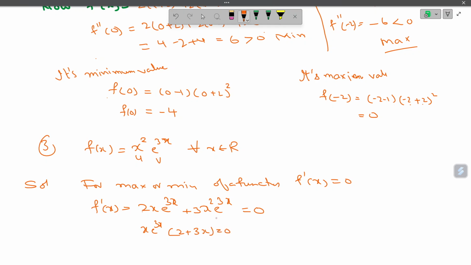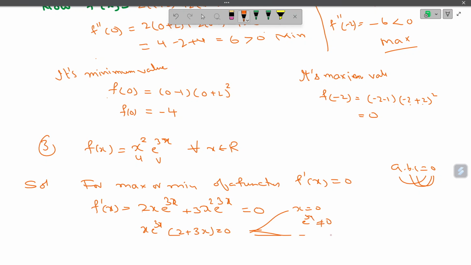equal to 0. Now product of 3 numbers a dot b dot c equal to 0, so a equal to 0, b equal to 0 or c equal to 0. So now this implies x equal to 0, e to the power of 3x cannot be equal to 0.